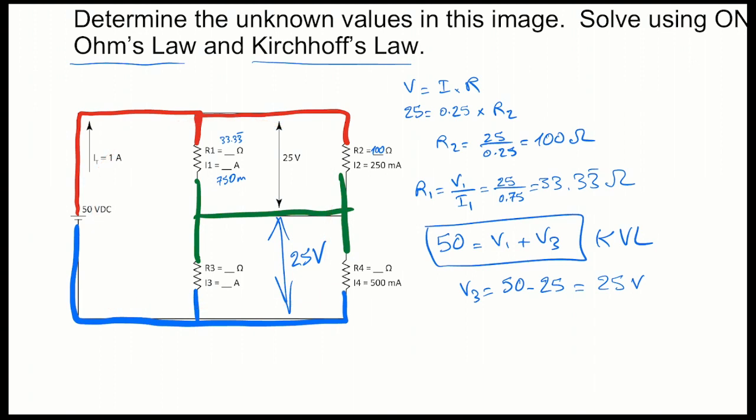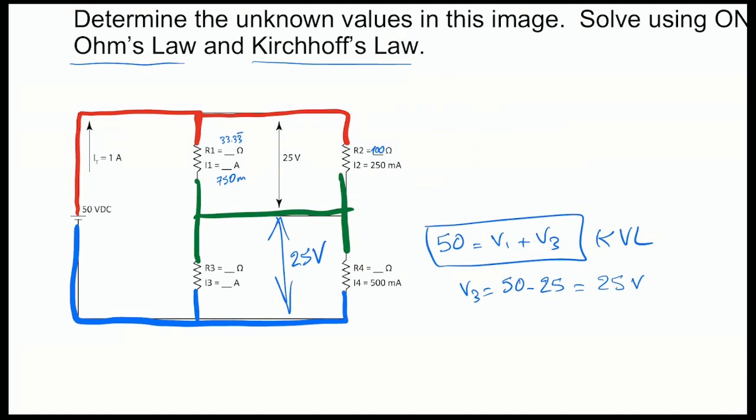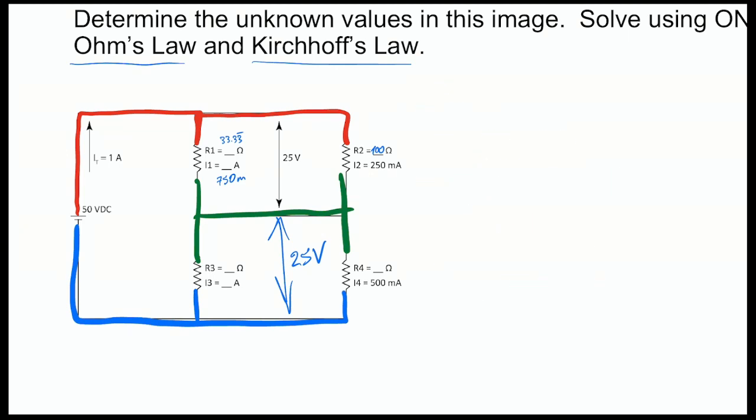All right, now I have written that 25, and let's have a look at this guy here, R4. We know the voltage drop, we know the current. So I'm assuming that we can simply calculate our value of the resistance.